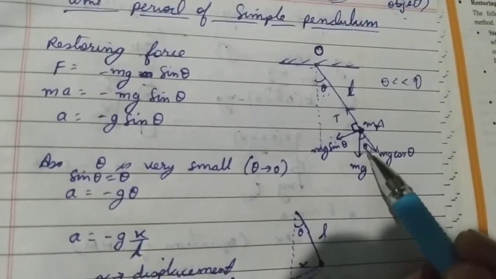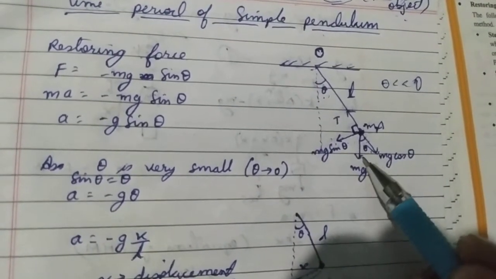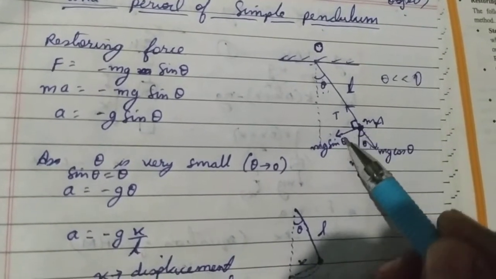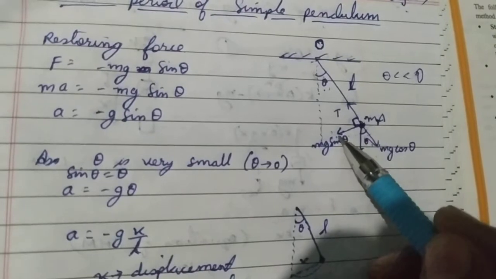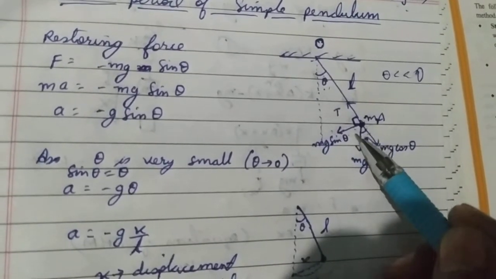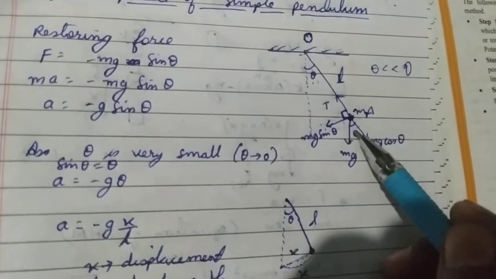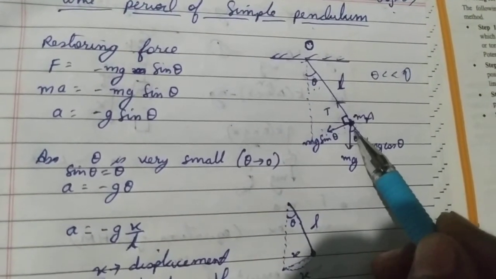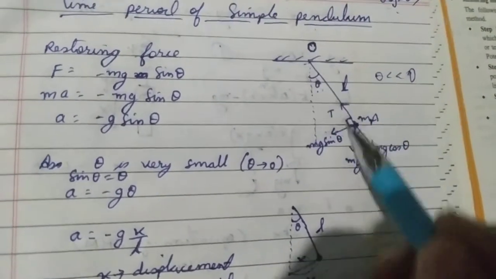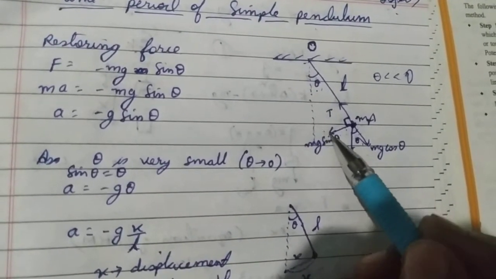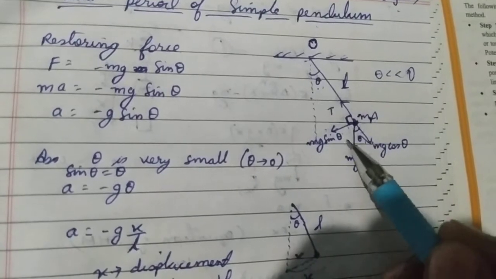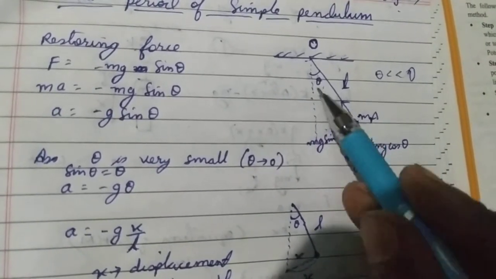And now let us resolve this mg into two rectangular components. Say these two make angle 90 degree. So this is angle theta. Let us calculate how much is this angle. This is angle theta. This will be 90 minus theta. This and this will be parallel.